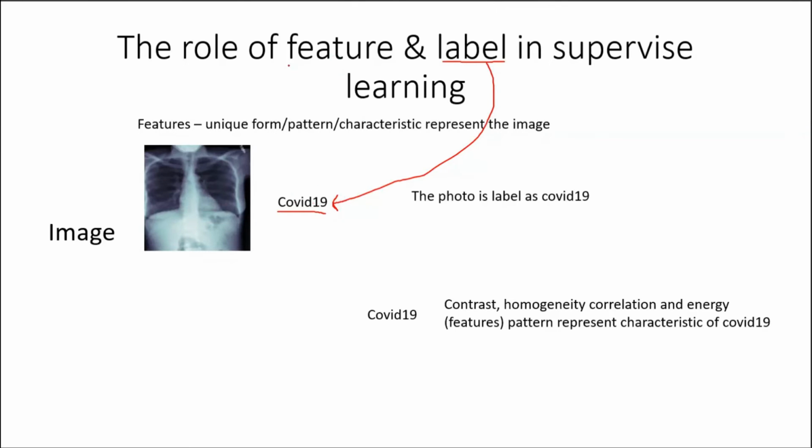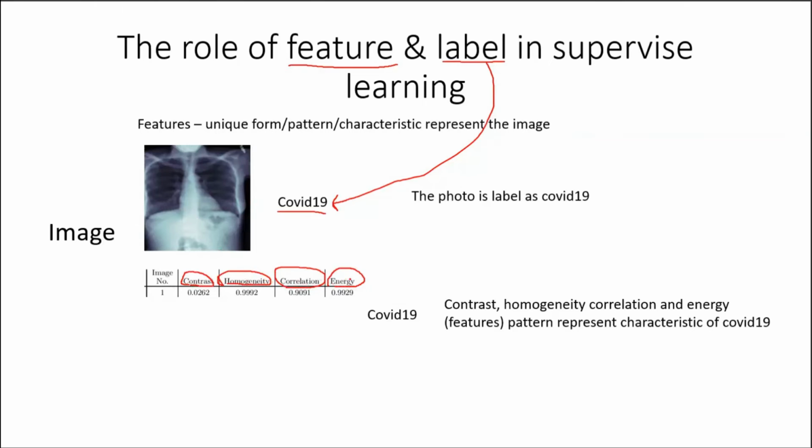All right, the features now. You can have contrast, homogeneity, correlation, and energy of this photo. We have a formula to come up with these values.